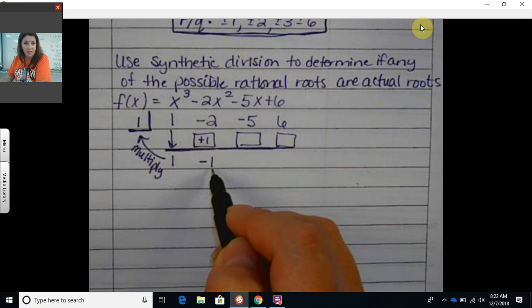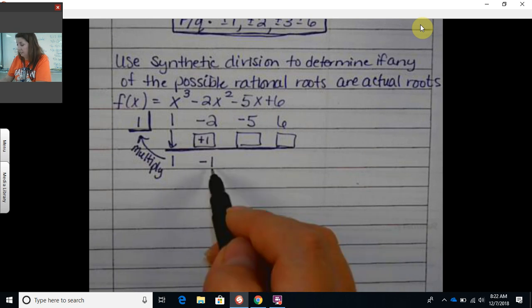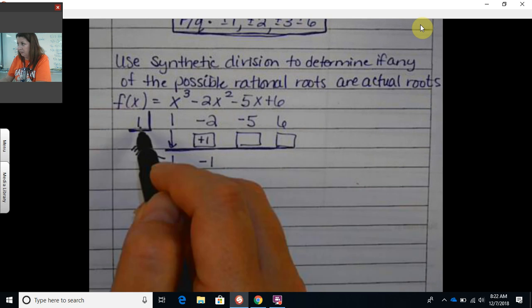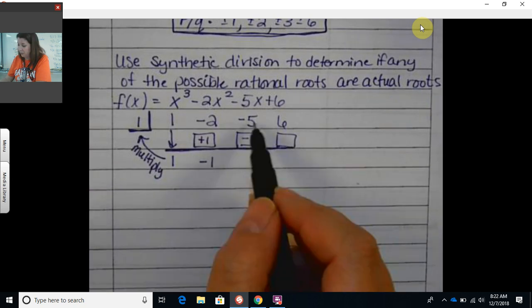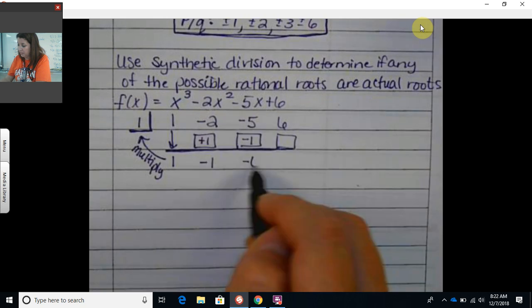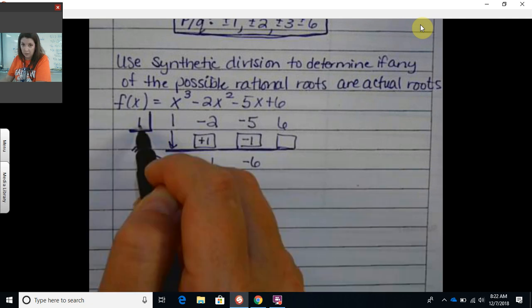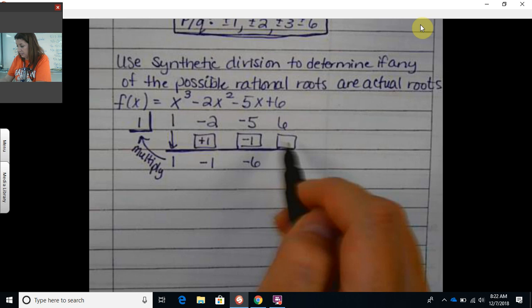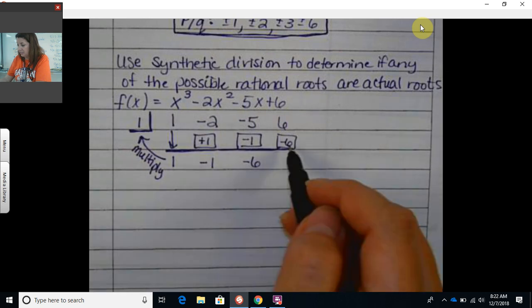Then you start the whole process all over again to get the next box. -1 times the 1 behind the little house is -1. That goes in the next little box. Then you add or subtract. -5 minus 1 is -6. Then you multiply. -6 times +1 is -6. Add or subtract. 6 minus 6 is 0.